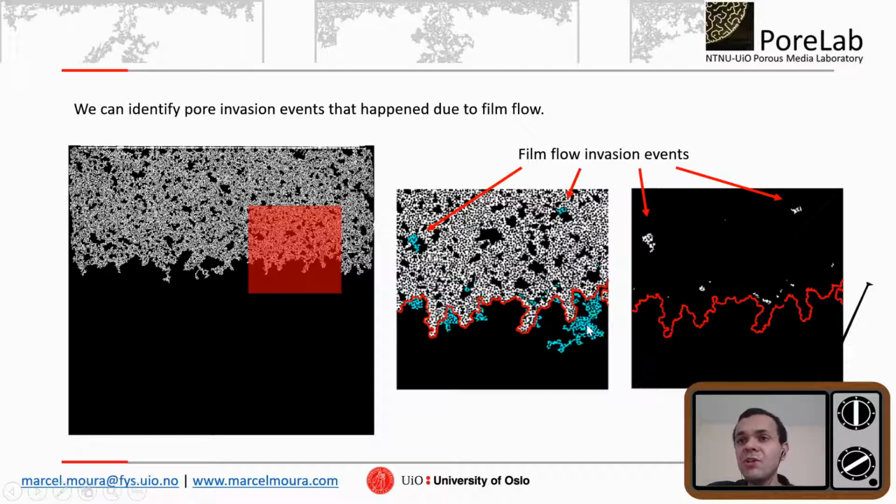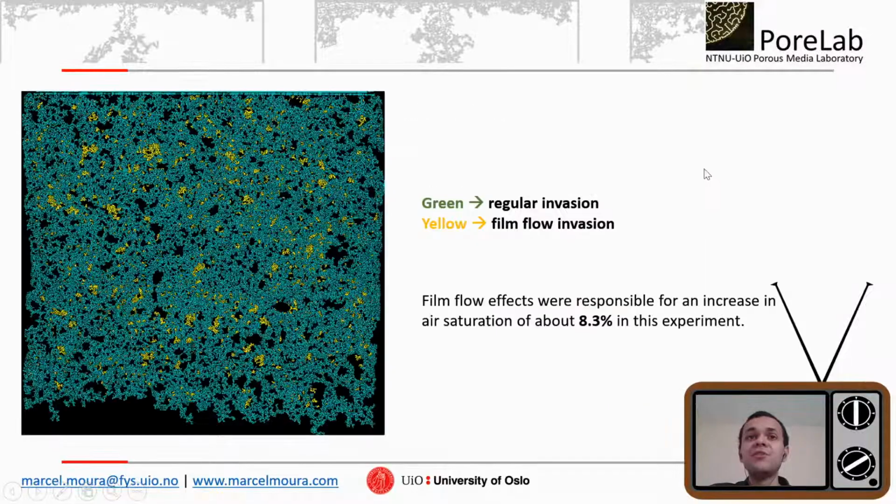You see that most of the invasion happens along the interface, ahead of the interface. So this is the regular invasion. But you see these invasion events here that happen behind, inside the air cluster. So these are the film flow invasion events. And if we track just those, it's the yellow ones that you see here. You see that it's not so infrequent.